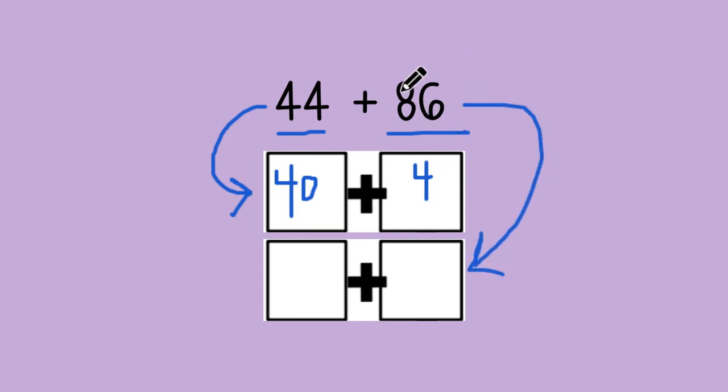Now let's break apart my next addend. 86 is not 8 and 6, it's 80 plus 6. It's 8 tens and 6 ones, so it's 86. Let's bring that down. 80 plus 6. So 44 plus 86 is 40 plus 4 and 80 plus 6.